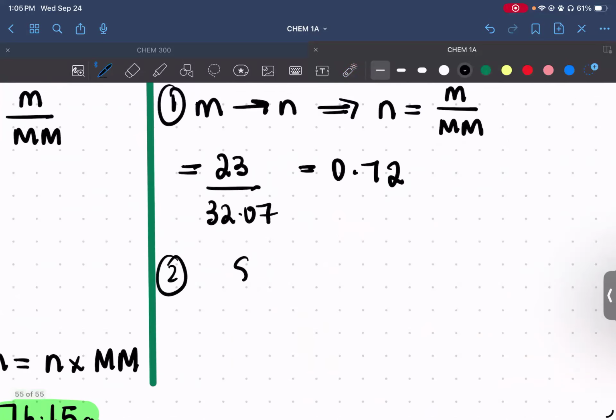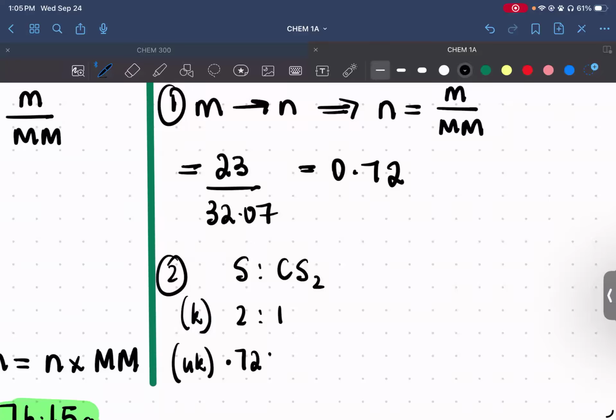Step 2, we are comparing sulfur to carbon disulfide. We know the ratio is 2 to 1. What we don't know is if we're dealing with 0.72 moles of sulfur, how many moles of carbon disulfide will we have? We cross multiply, we get 2x is equal to 0.72 times 1.